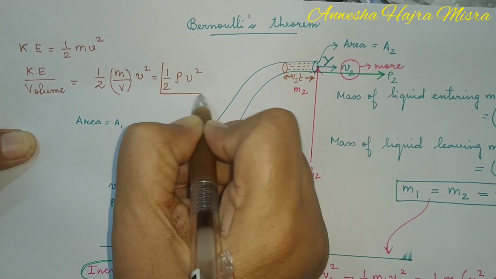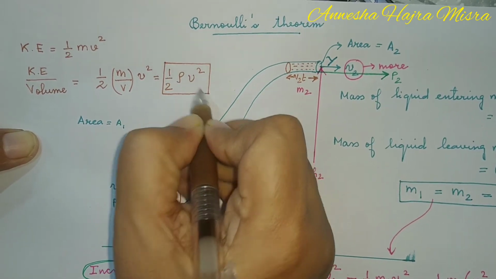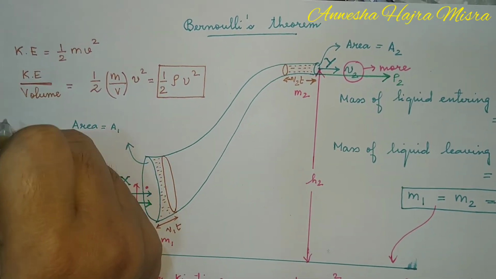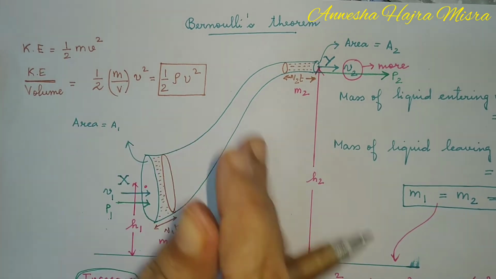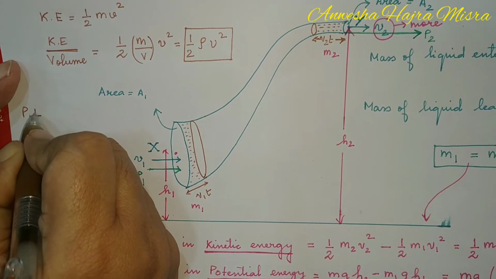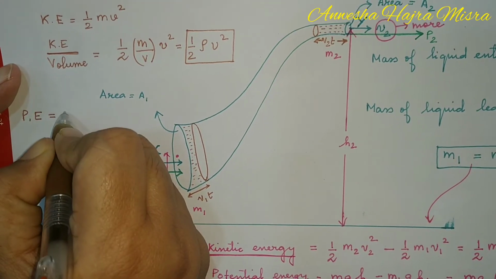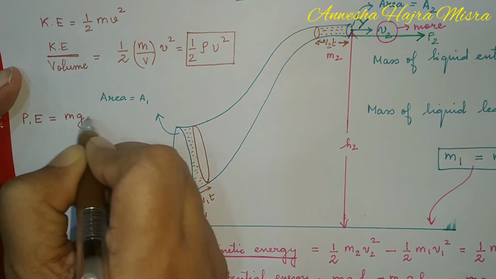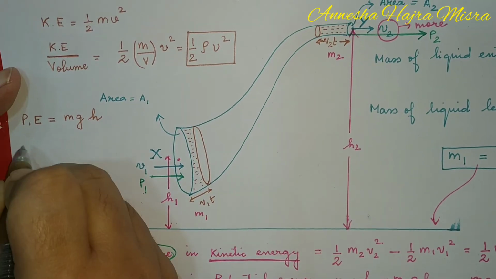So half rho v square is actually kinetic energy per unit volume. Similarly, potential energy is mgh.